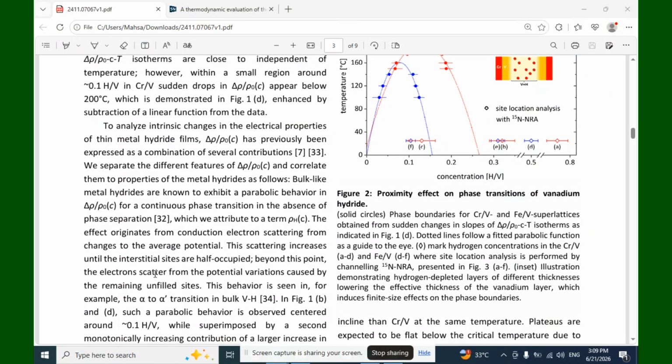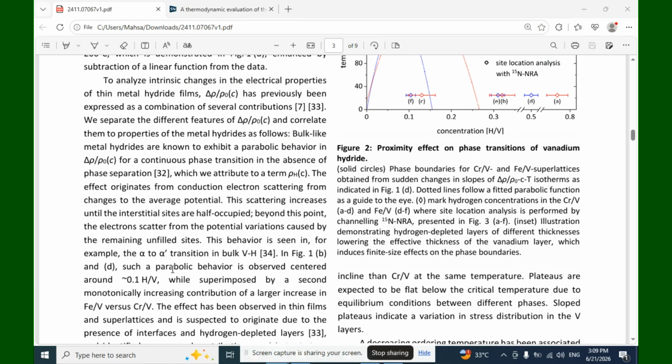This scattering increases until the interstitial sites are half occupied. Beyond this point, the electrons scatter from the potential variations caused by the remaining unfilled sites.